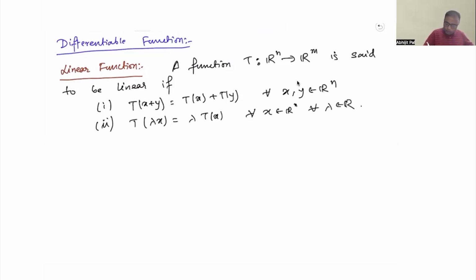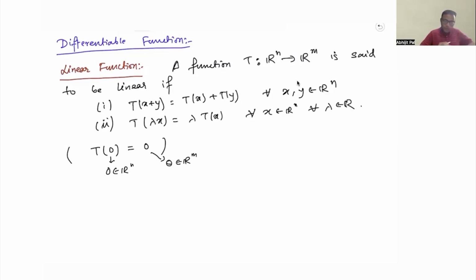Okay. So note that you can check this thing: T of 0 is equal to 0, where the 0 inside T lies in R^n and the 0 on the right lies in R^m. This is very easy to check from the property of a linear function.